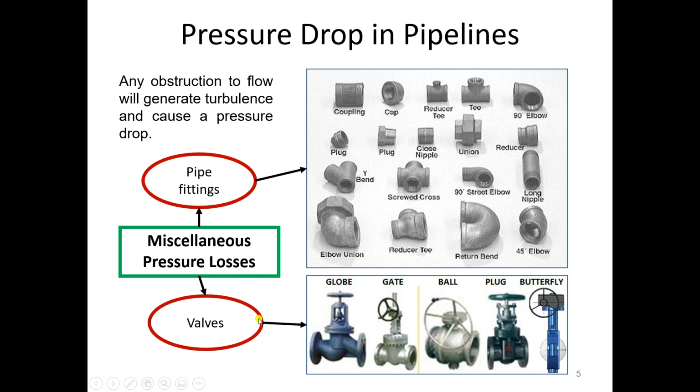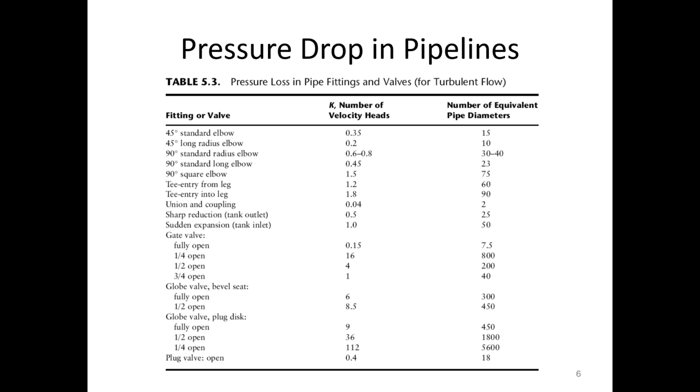In a pipeline we also have valves, such as globe valve, gate valve, and so on. All of these pipe fittings and valves contribute to additional pressure drop in the pipeline. Later in the calculations we also need to consider the fittings and valves used in the pipeline. This table shows the pressure loss in pipe fittings and valves.